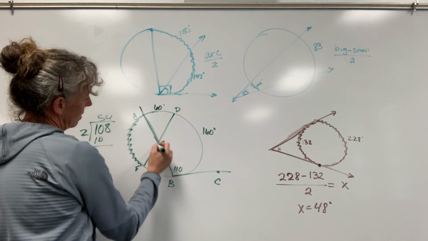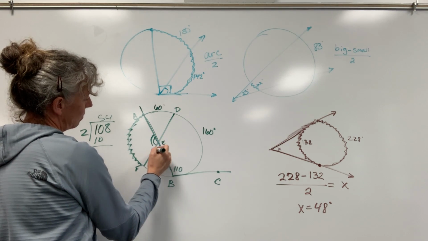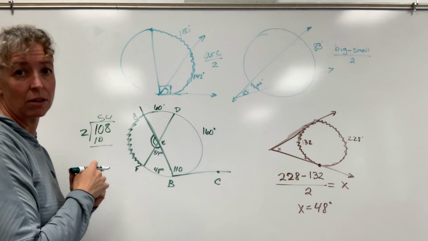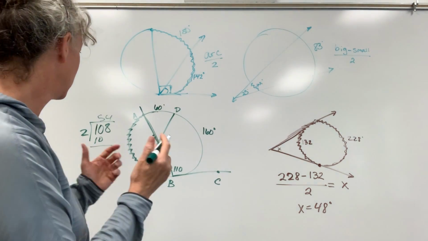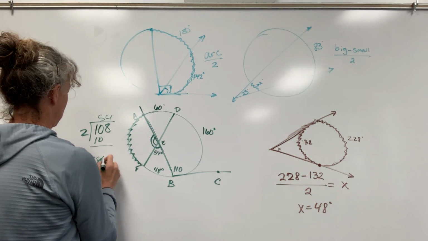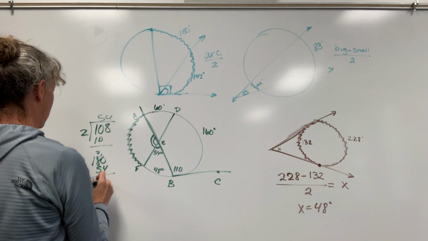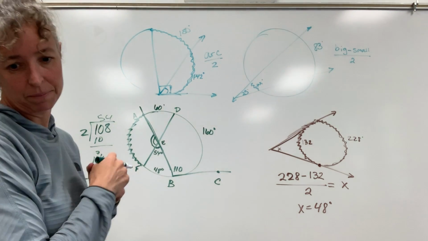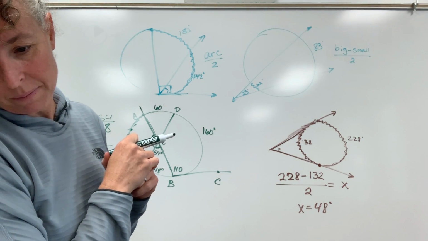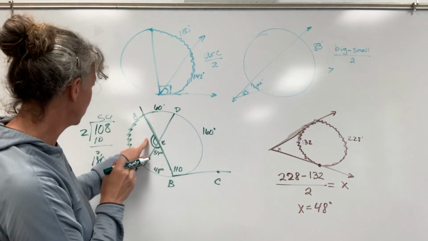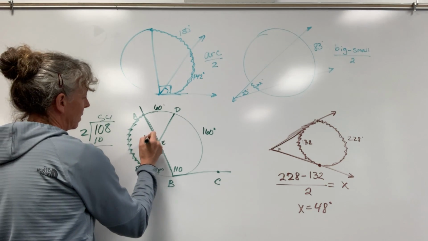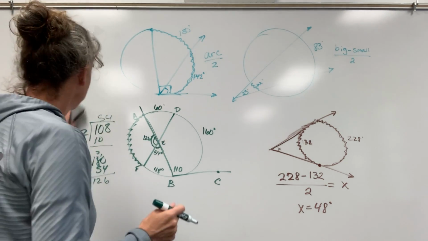Together, this one and this one make 180, right? So 180 minus 54 is, I don't have a calculator in front of me and my brain is not working today. 126. So this angle is 126 right here. I might have gone about it the longer way, but we should still get there.